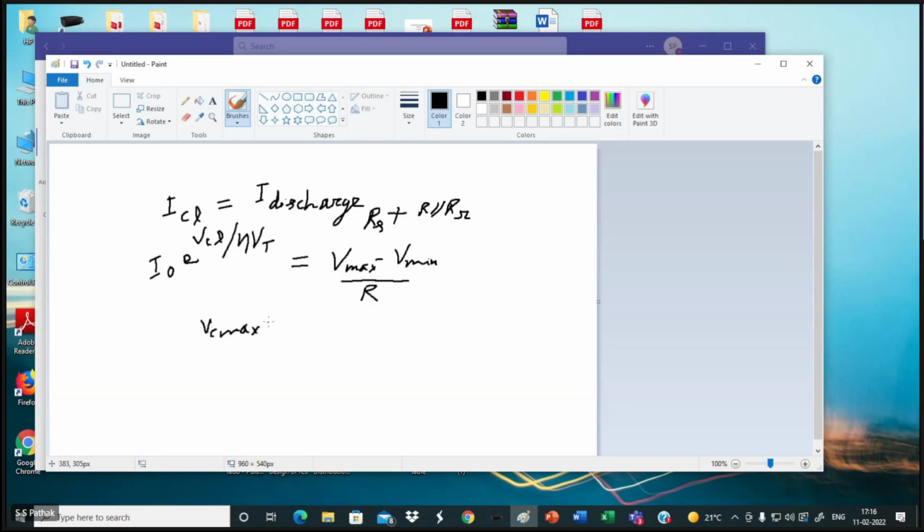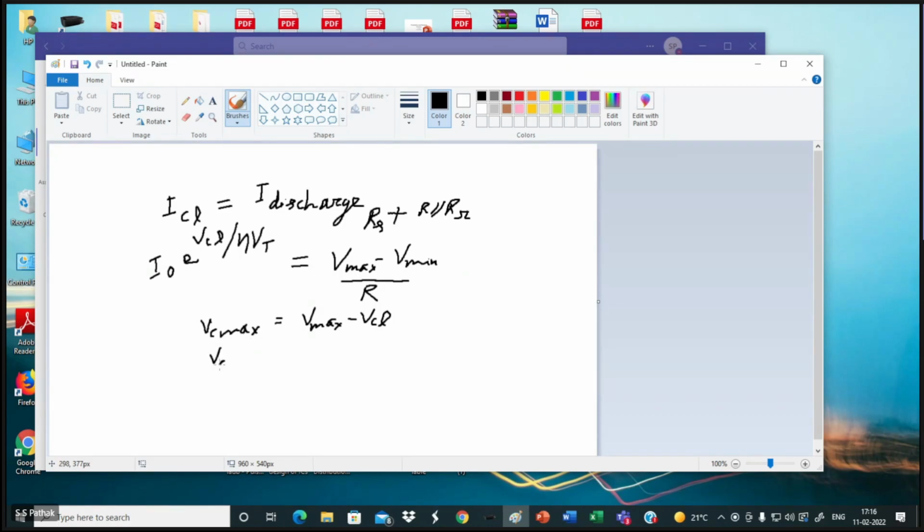Across the capacitor, the maximum voltage will be V max minus VCL. Across the source resistance, I am considering the drop as 0. Across RS, the drop I am taking as negligible. So V max minus VCL is your VC max across the capacitor.